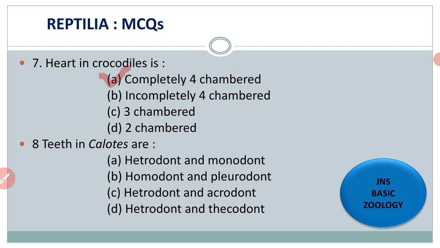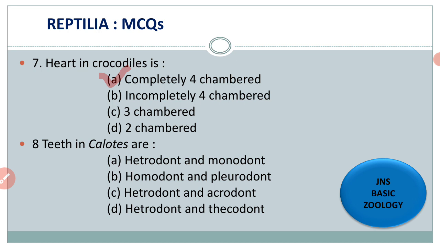Next one, teeth in Calotes are in the form of A. heterodont and monodont, B. homodont and pleurodont, C. heterodont and acrodont, D. heterodont and thecodont.